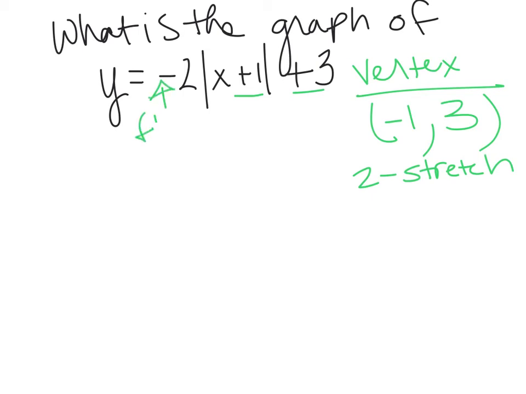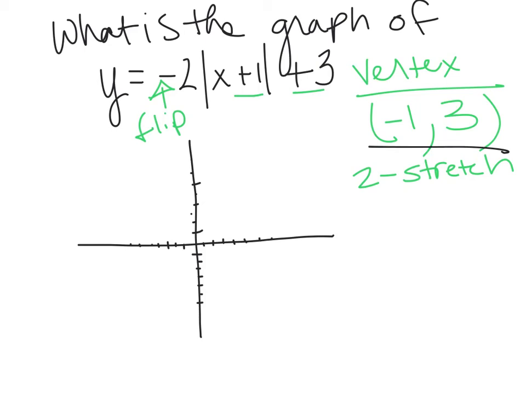And the negative means it's going to be flipped. So first plot your vertex, (-1, 3).